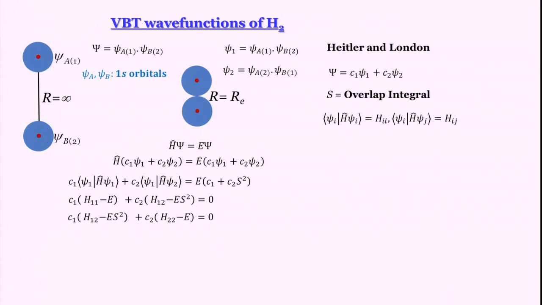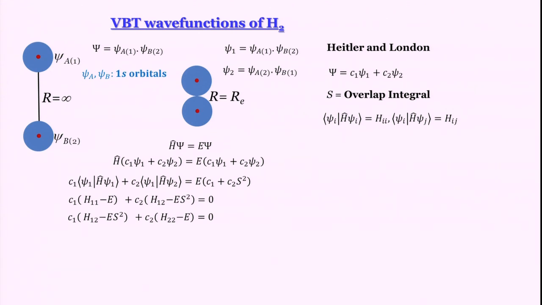C1 multiplied by H12 minus ES square plus C2 multiplied by H22 minus E equal to 0. One thing I want to say is that here it should have actually been H21, but because of a particular property of Hermitian operators, there is something called the turnover rule, it is okay to write H12 instead of H21, no problem. Hij is equal to Hji. For now just believe me on that.